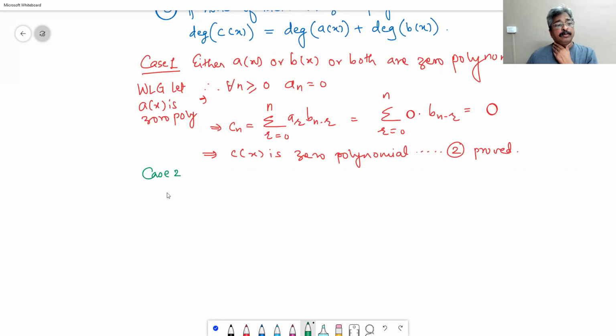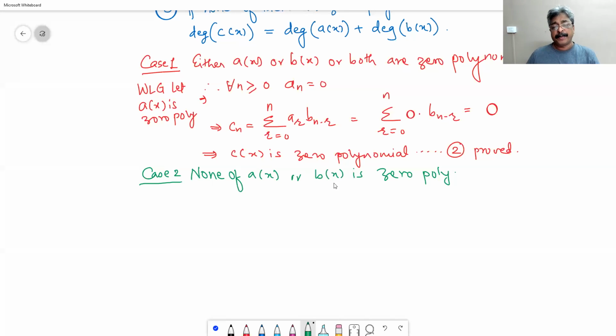Now let us write down the proof of the case where none of a(x) or b(x) is the zero polynomial. It is very simple, very systematic.